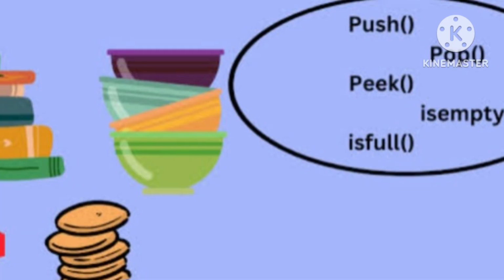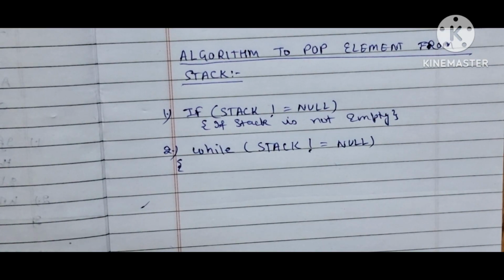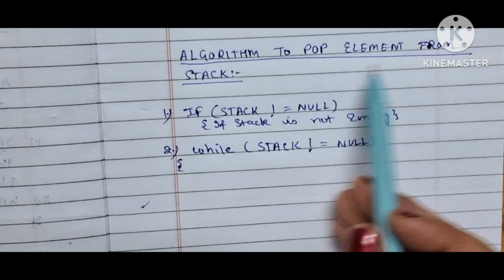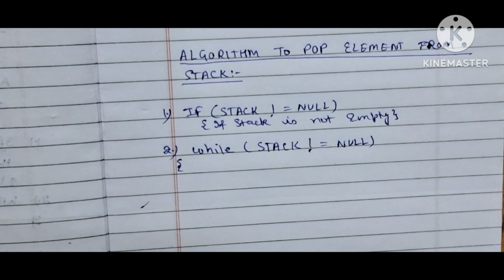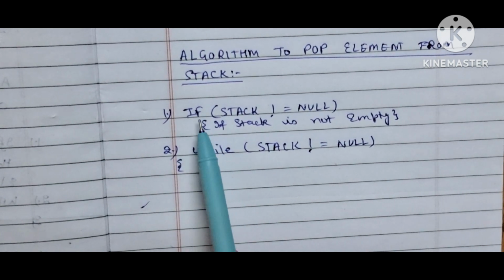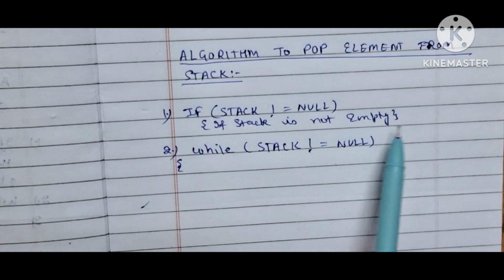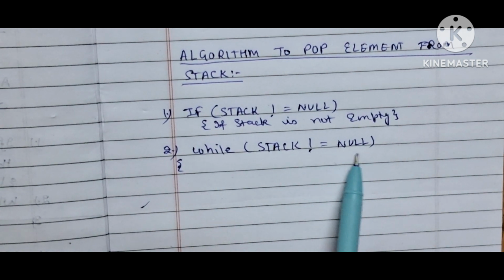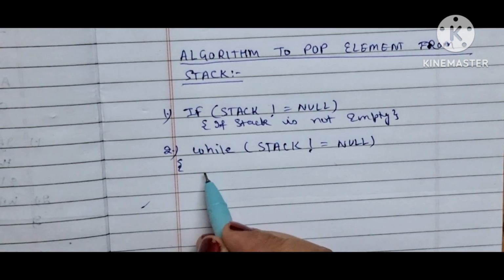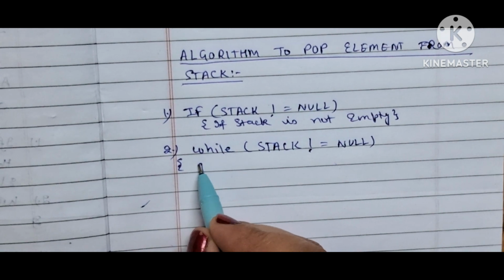So we understand the pop algorithm of an element on the stack. For this we have to check that our stack is not empty, the condition to be satisfied first. If it is not null, that means we have to pop or delete an item from the stack.